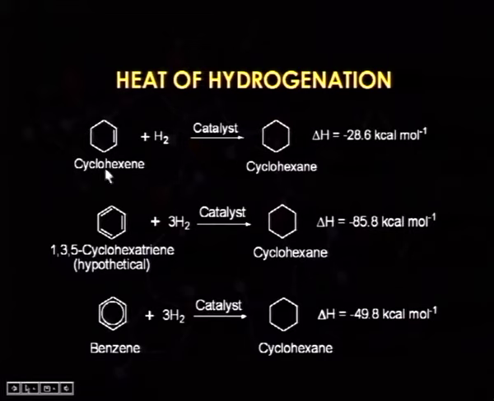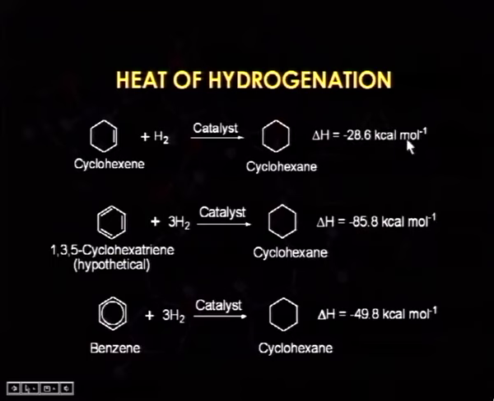Here we can see that cyclohexene, if it is adding 1 mole of hydrogen in the presence of a catalyst and being converted to cyclohexane, shows an enthalpy of hydrogenation of 28.6 kilocalorie per mole.